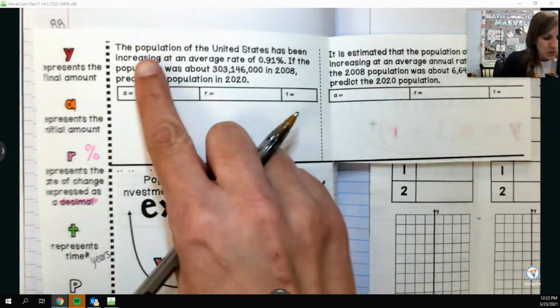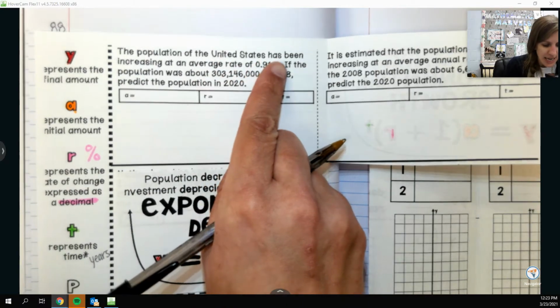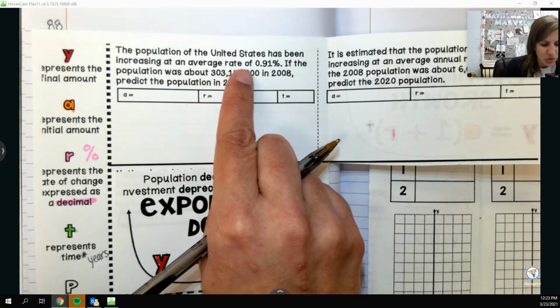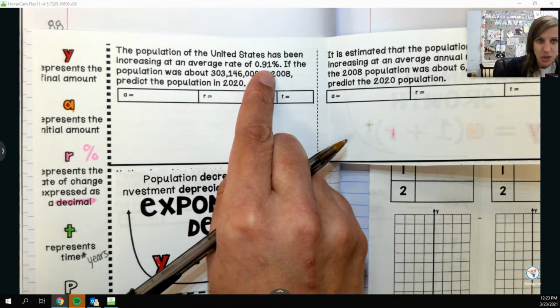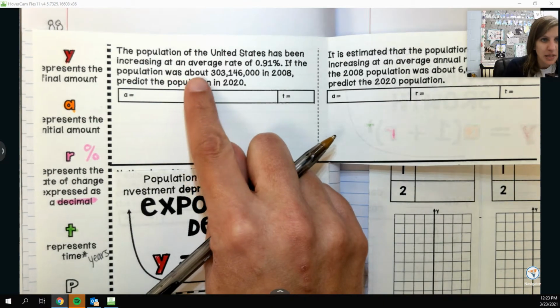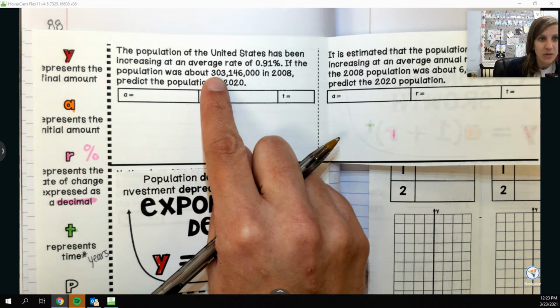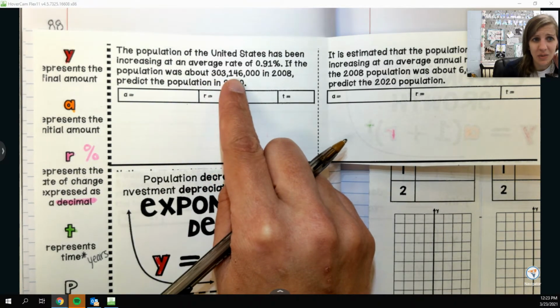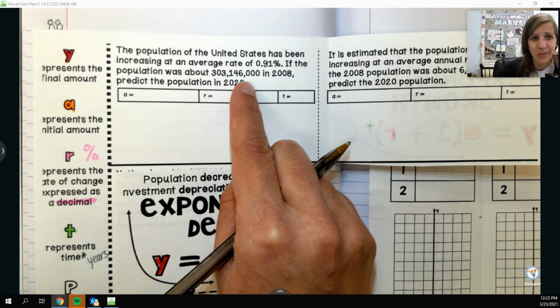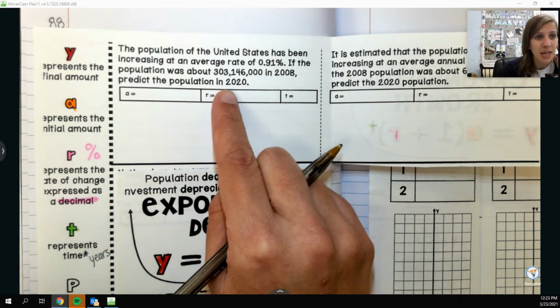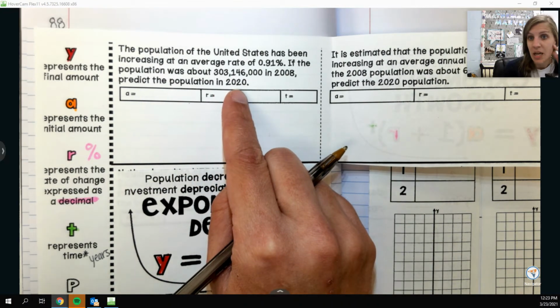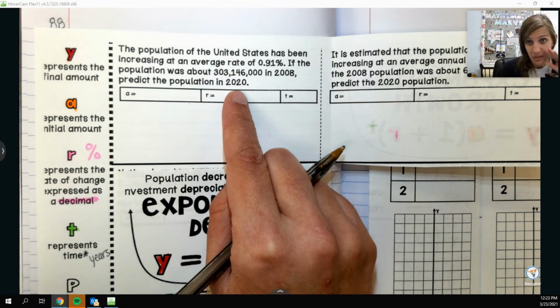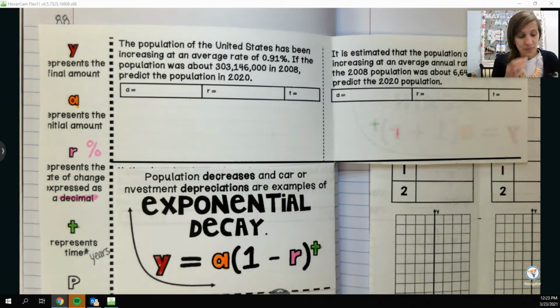So starting at this first one here, the population of the United States has been increasing at an average rate of 0.91%. If the population was about 303,146,000. Oh my God, big numbers. In 2008, predict the population for 2020, which we could kind of already know, maybe when the census comes out.